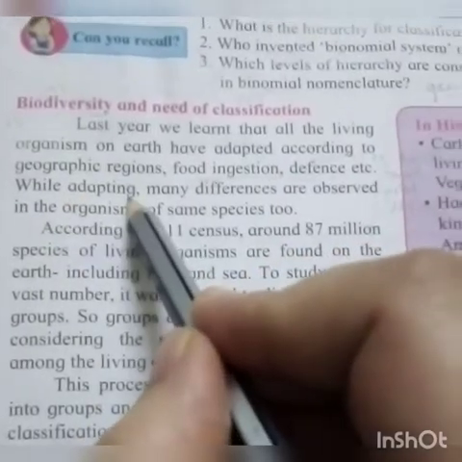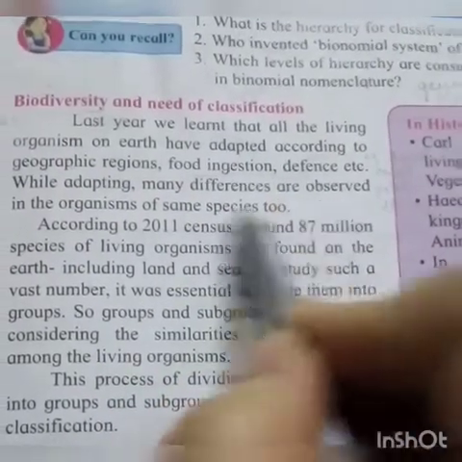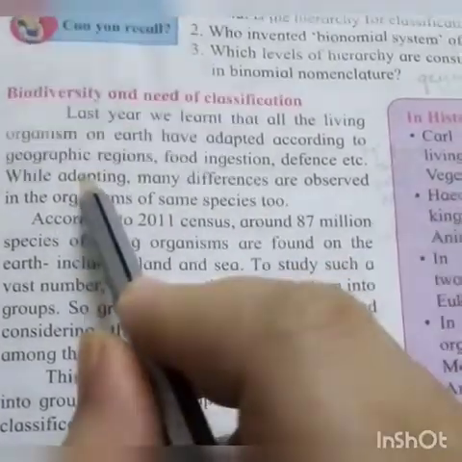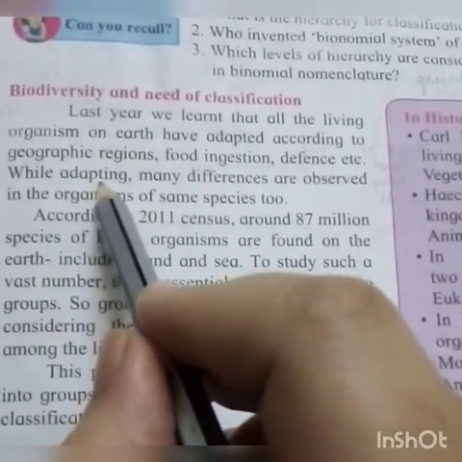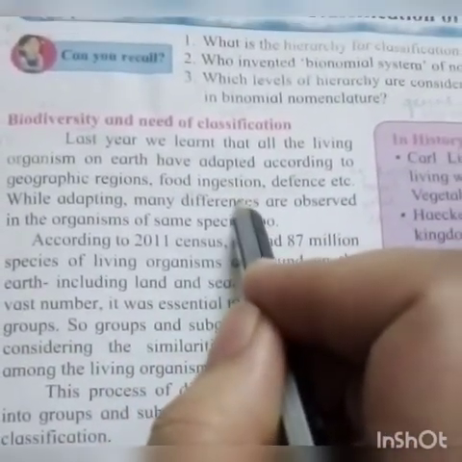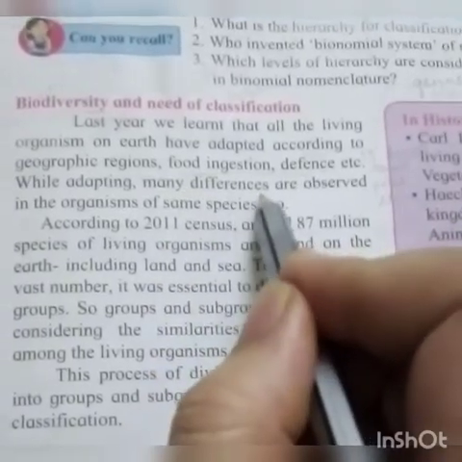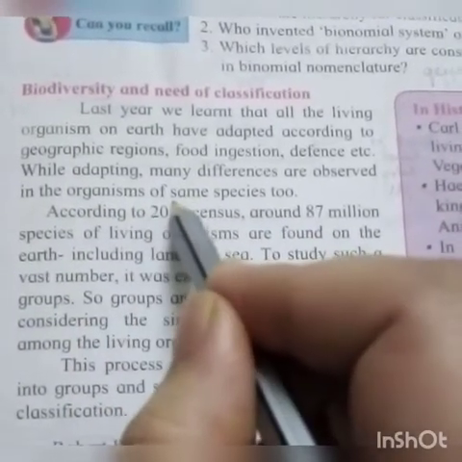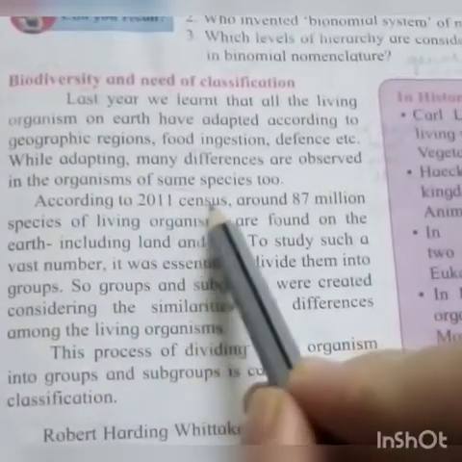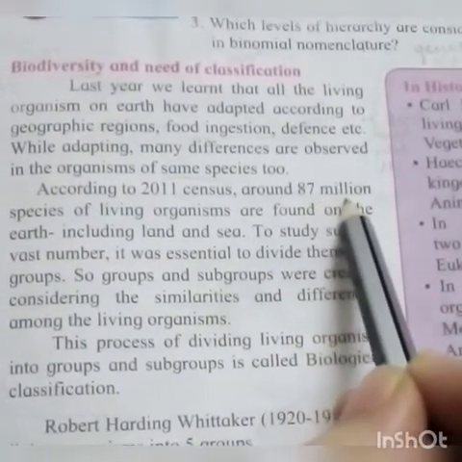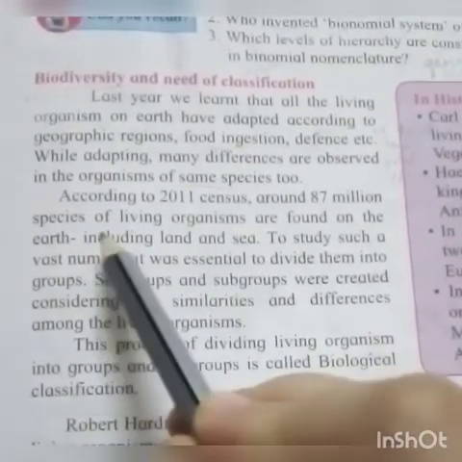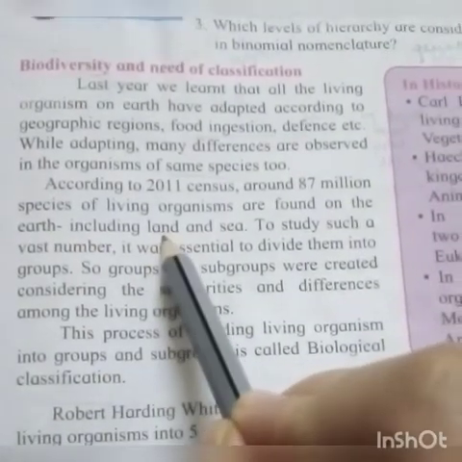While adapting, many differences are observed in the organisms of a species too. While adapting particular features according to the region, food ingestion or defense, many differences are observed in organisms of the same species too. According to the 2011 census, around 87 million species of living organisms are found on the earth, including land and sea.